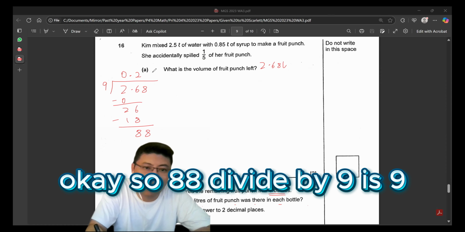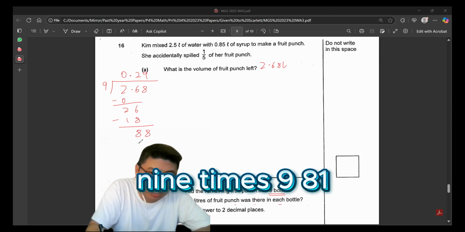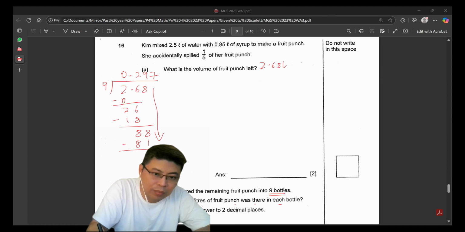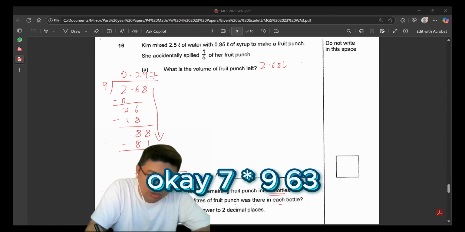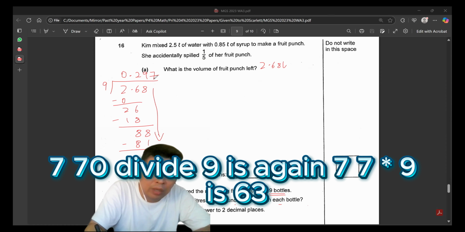Okay, so 88 divided by 9 is 9. 9 times 9, 81. Then 70. 70 divided by 9 is 7. 7 times 9 is 63. 70 divided by 9 is again 7. 7 times 9 is 63. So this would keep on ongoing.